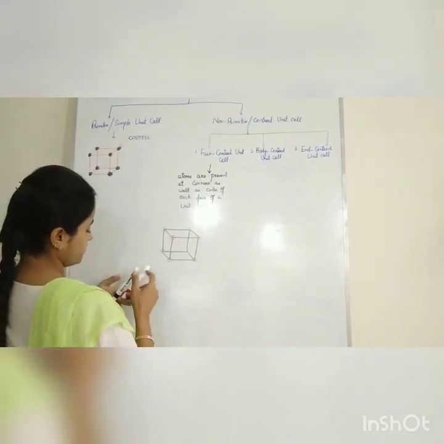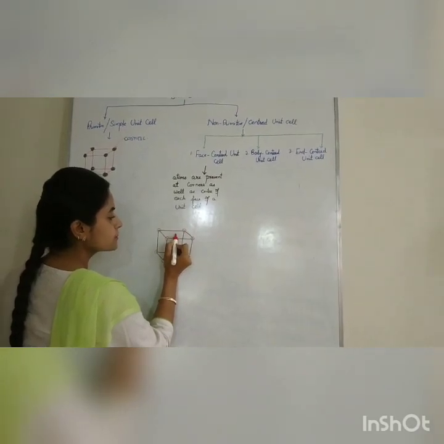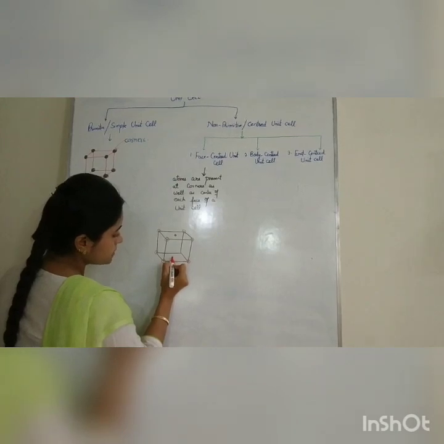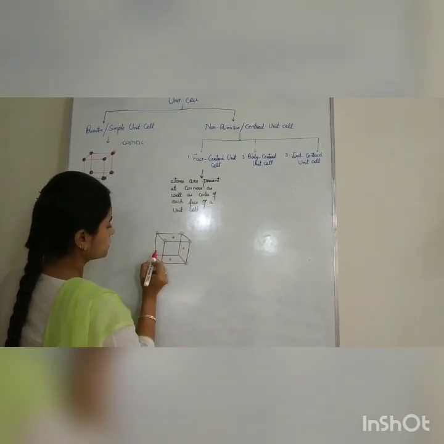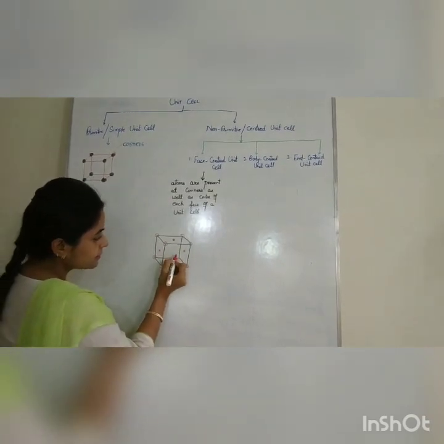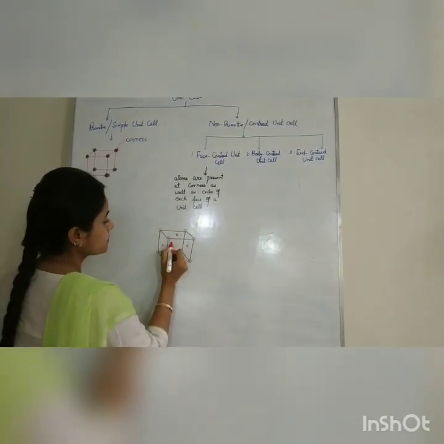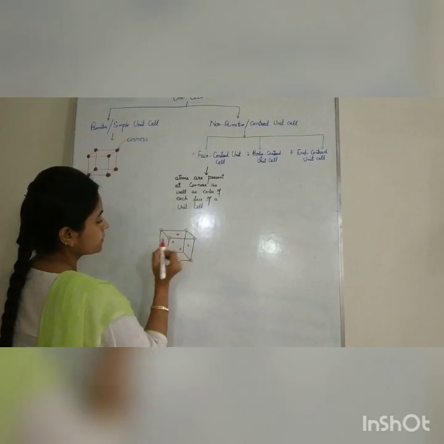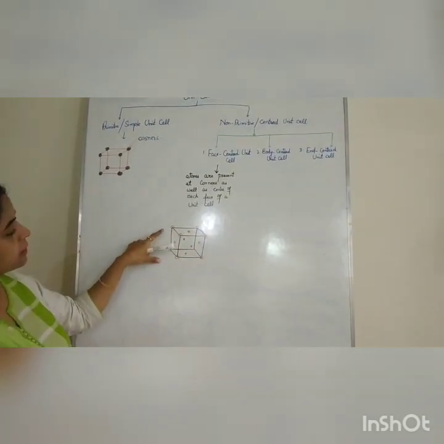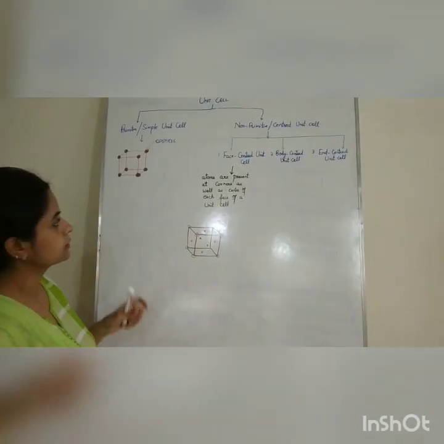The front face has its center at this point and the backward face has a center here. So 6 atoms at the center of faces and 8 at the corners.